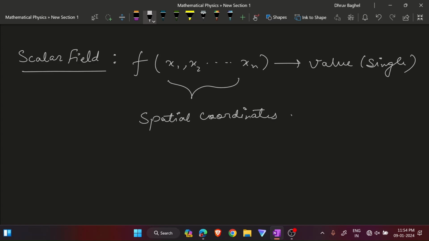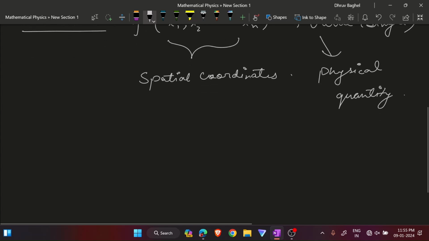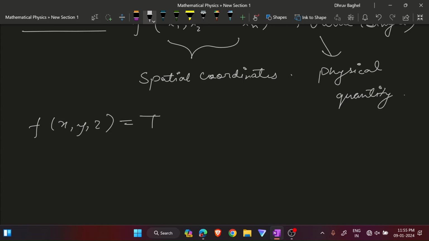Okay, and this is a single value and it can represent a physical quantity. So a scalar field is a function which associates every point in space to a physical quantity. Suppose a function of x, y, z gives temperature.